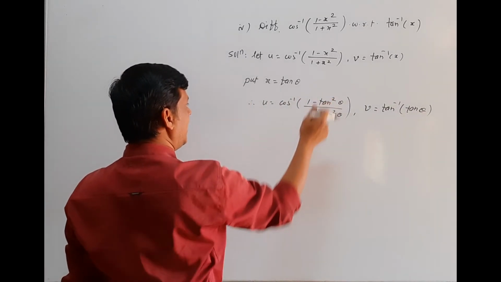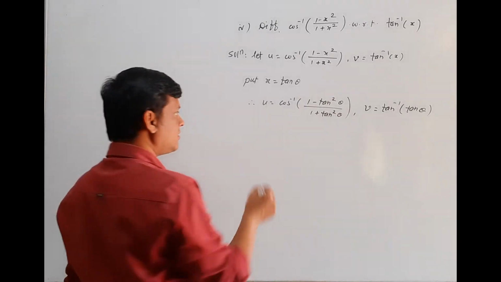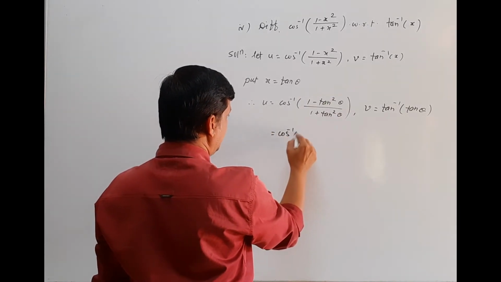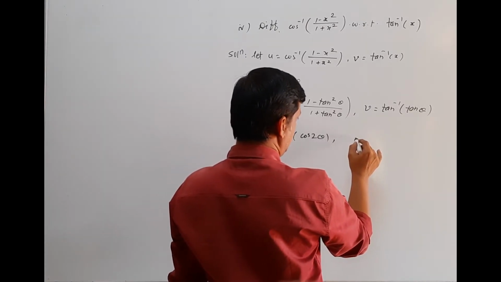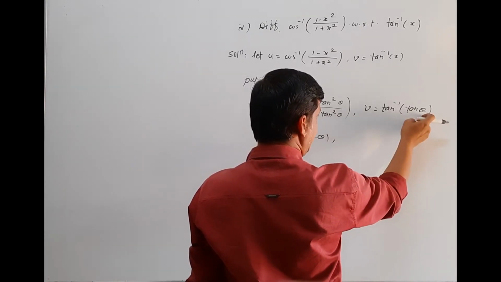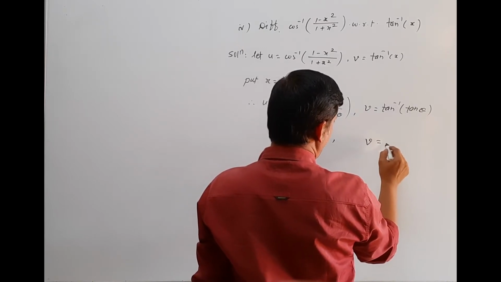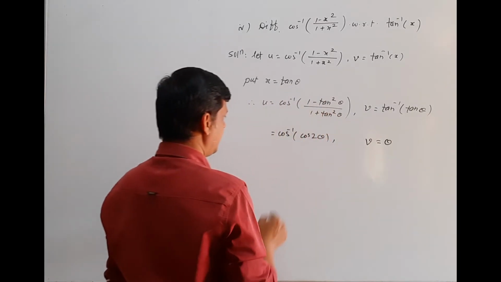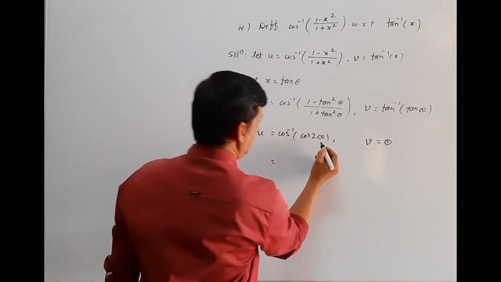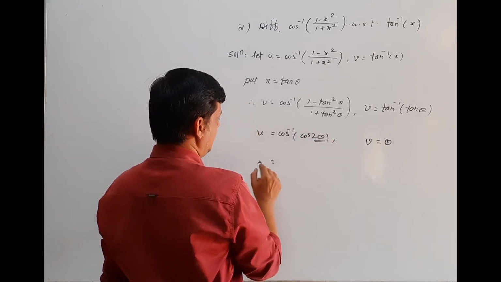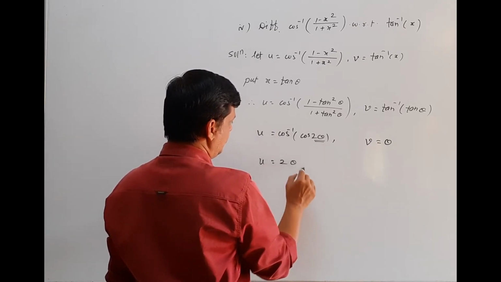So this is the double angle formula for cos. So we write here cos inverse of cos 2 theta. Here we use tan inverse of tan theta equals theta. So we write v is equal to theta, and here also cos inverse of cos 2 theta is equal to 2 theta. So we write u is equal to 2 theta.